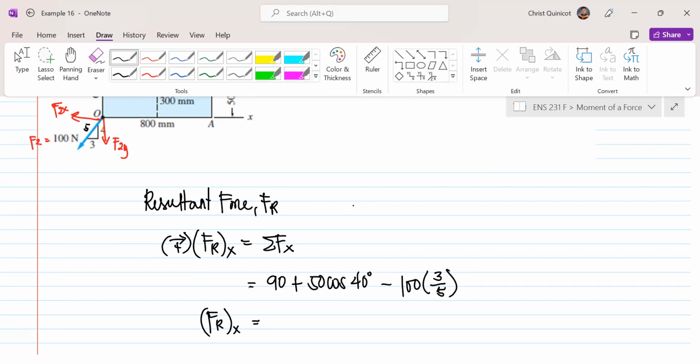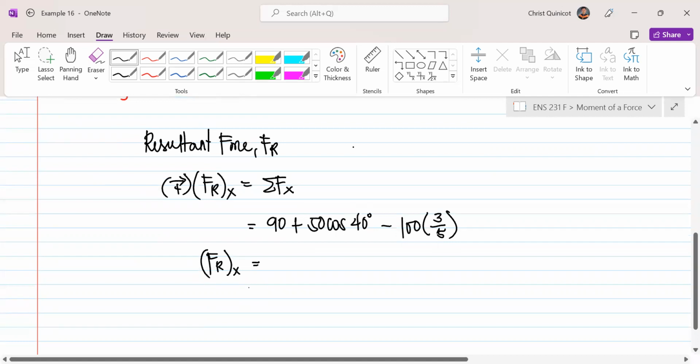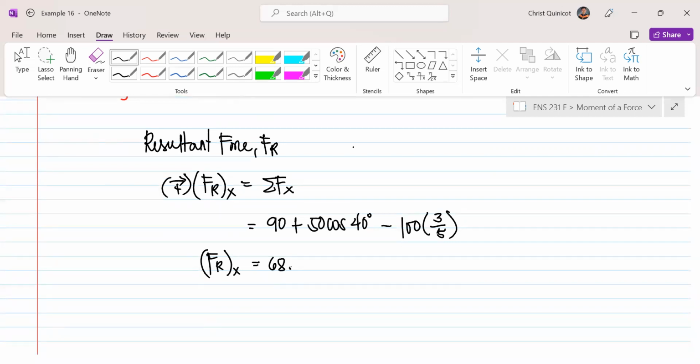That's 68.30222216. Let me do it again: 100 times 3 divided by 5, 50 cosine 40 minus the answer, and then 90 plus the answer is indeed 68.